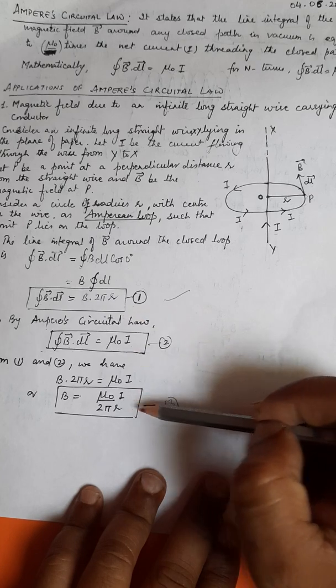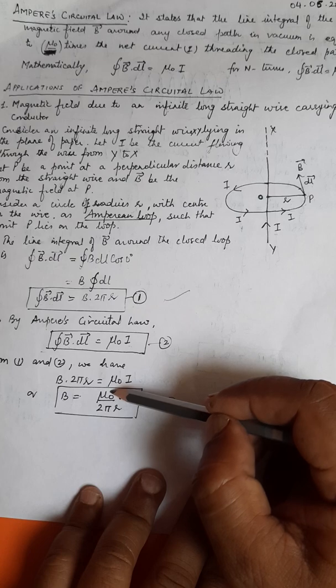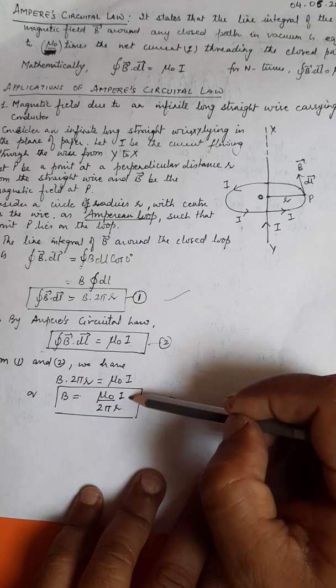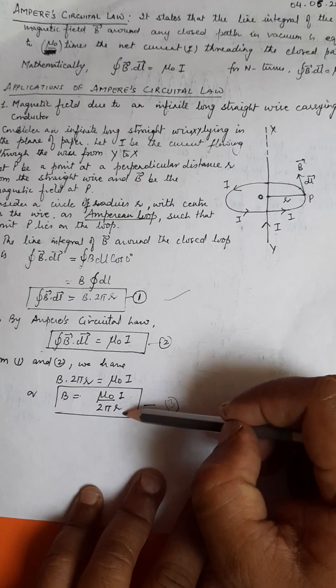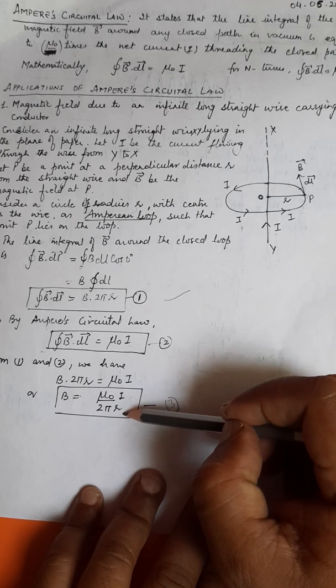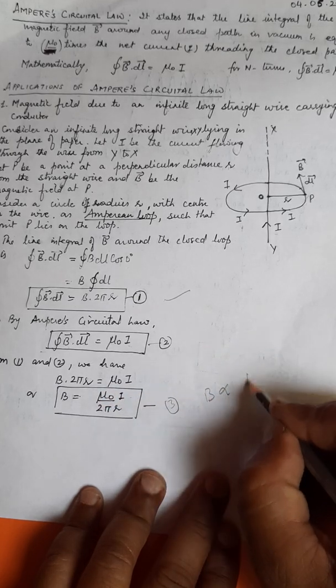Equating them we get this. So B is directly proportional to mu naught, B is directly proportional to the magnitude of the current, and B is inversely proportional to the distance of the point under consideration. B is inversely proportional to r.